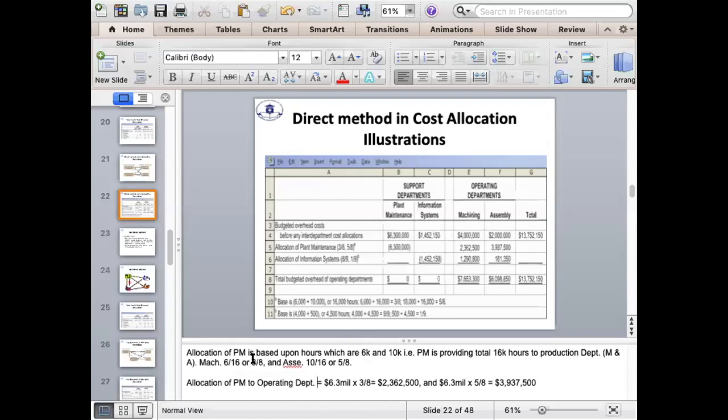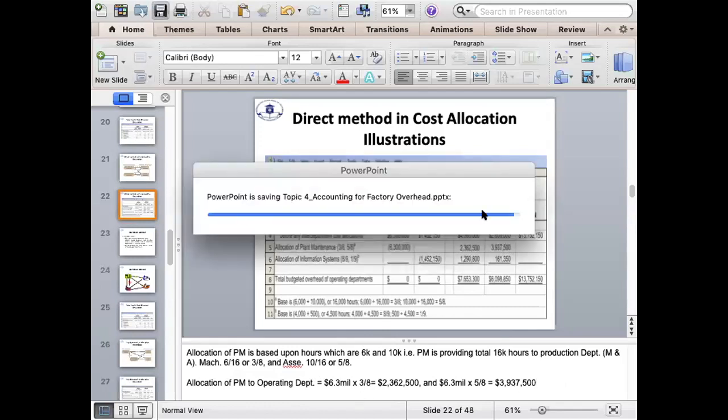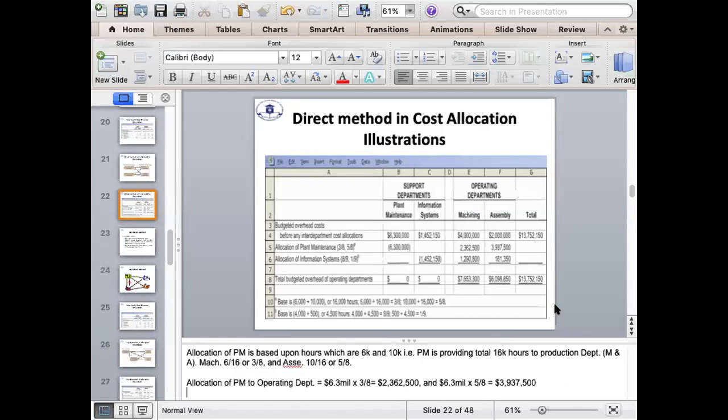All right. So allocation of plant maintenance to operating department will be this 2,362,500, which number comes from here, and this number comes from here. All right. Same thing happens to the information system.